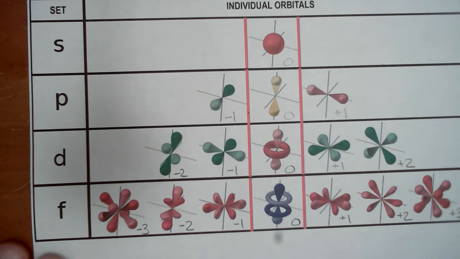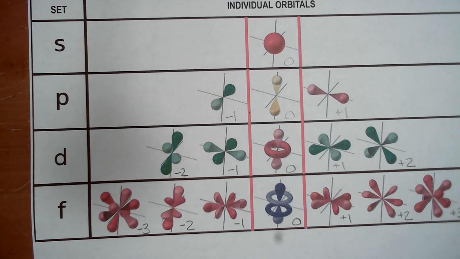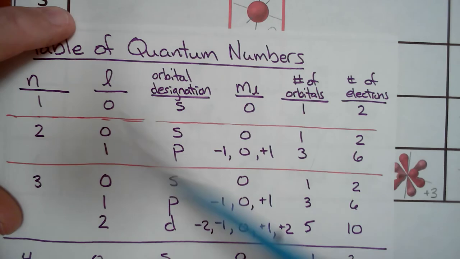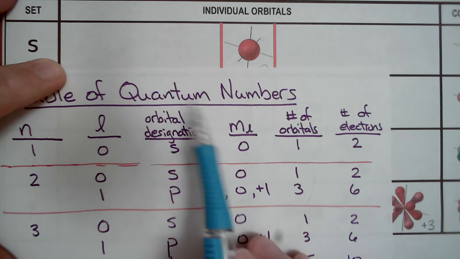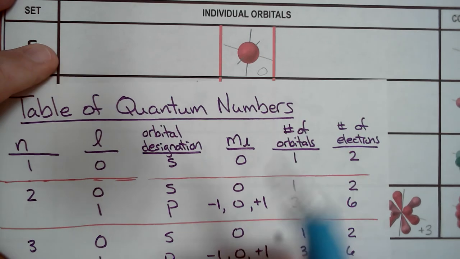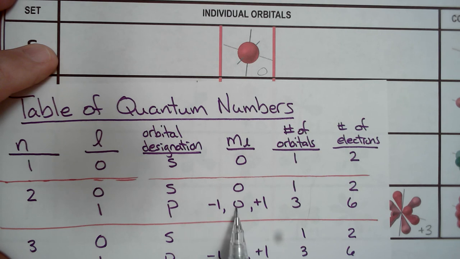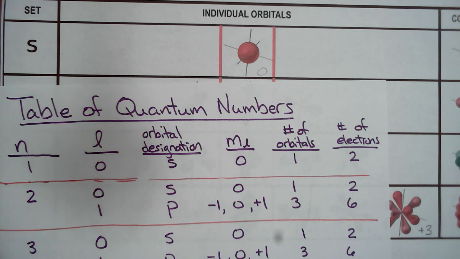So again, this correlates to our values here that we have. If you look at it, S has 0, so we have the S with the 0. Remember, the P sublevel has -1, 0, +1. And I should use this here.